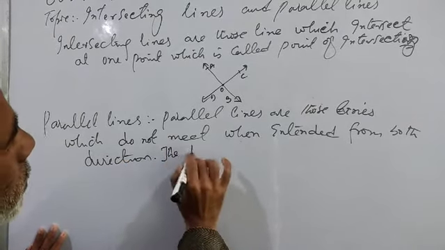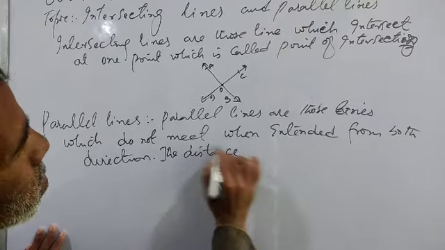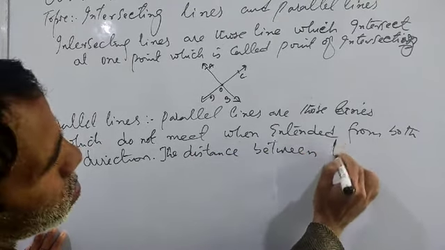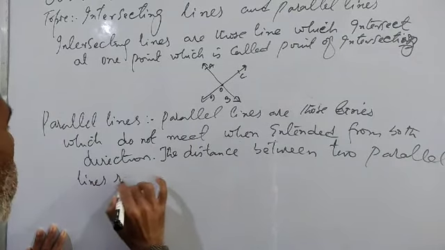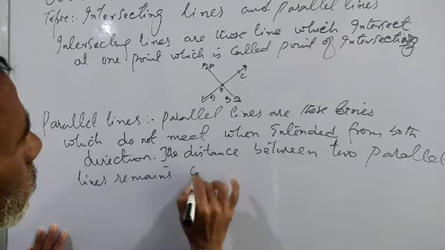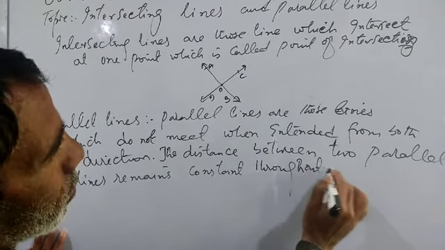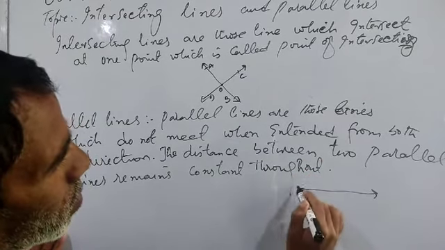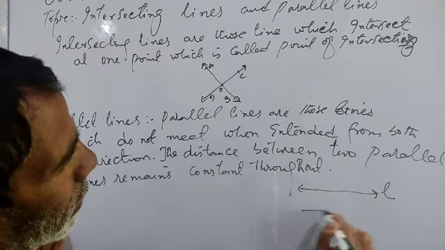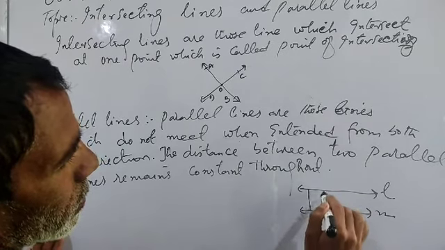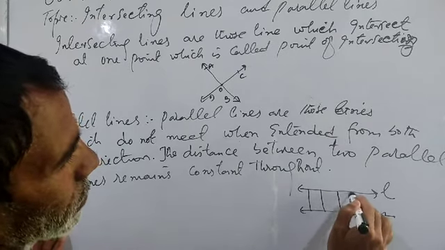The distance between two parallel lines remains constant throughout. These are two lines, line L and line M, which are parallel. This is the distance between parallel lines which remains the same throughout.